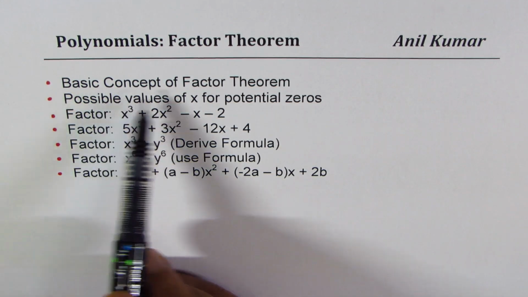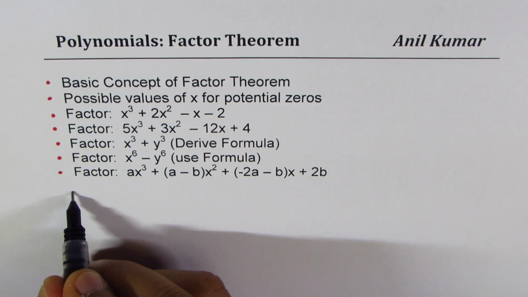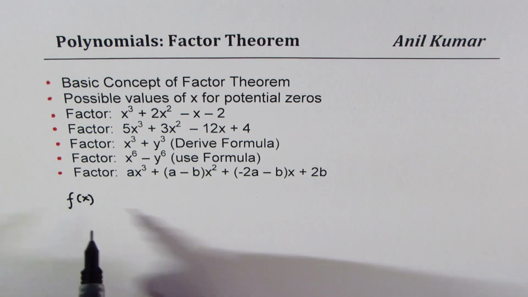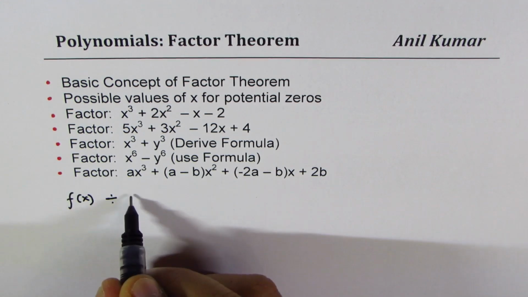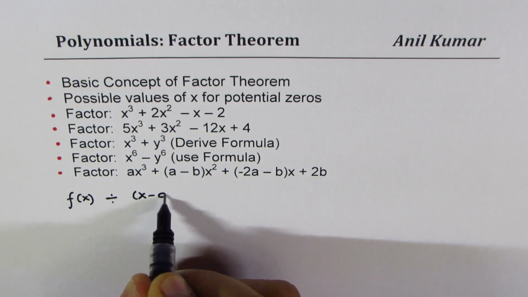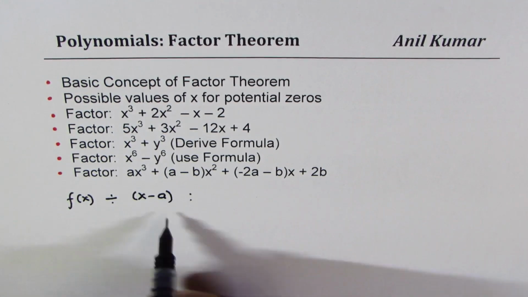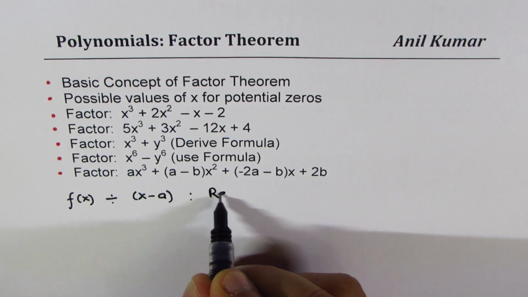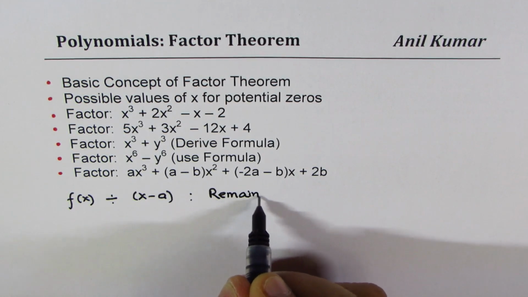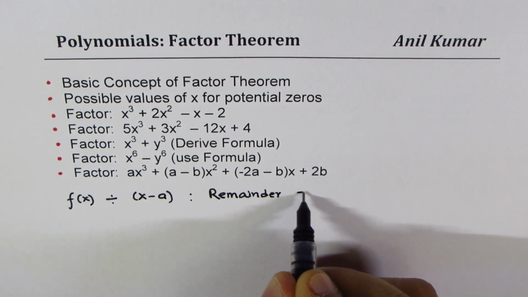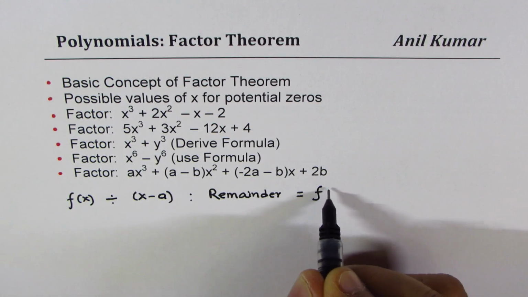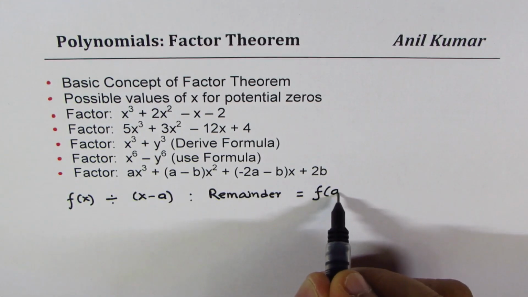Now let me begin with the remainder theorem. If I'm dividing the function f(x) by, let us say, x minus a, then what we know from here is that the remainder is equal to the value of this function for x equals a, right?